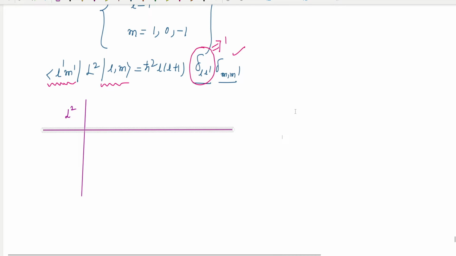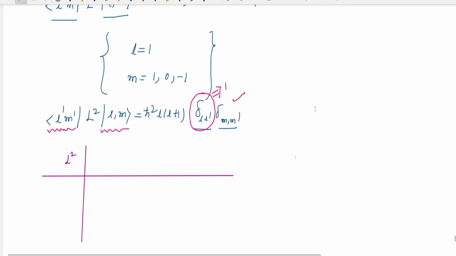Okay, good. So these are the combinations I can write here, right? L, 1 1, this is M, right?